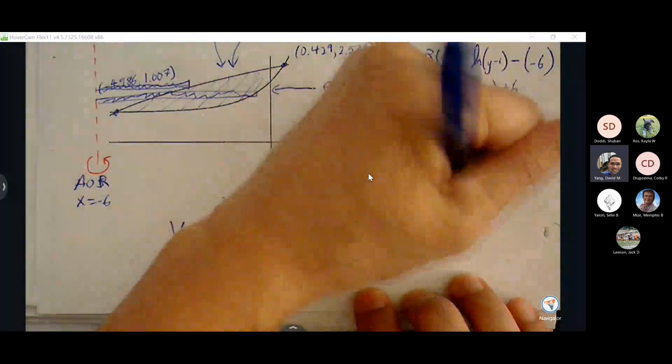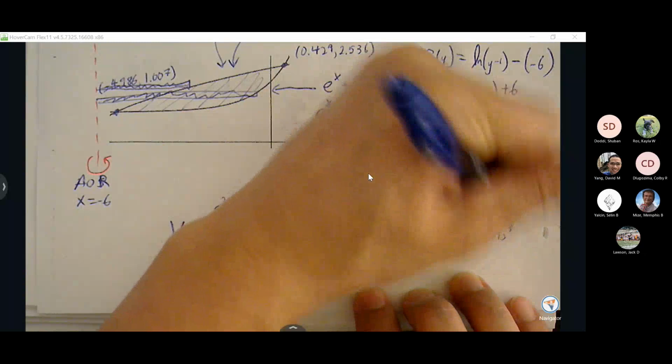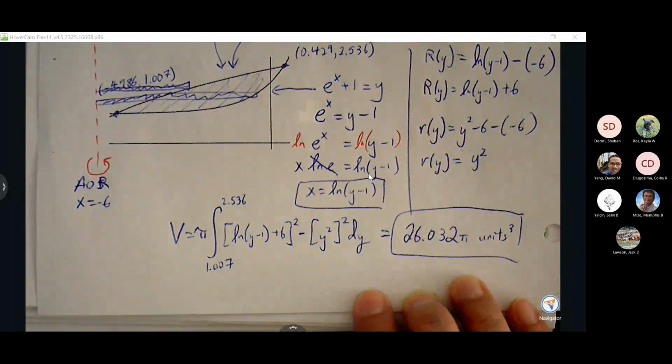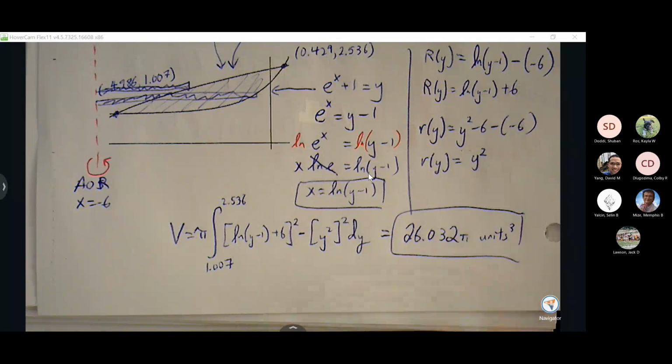And then attach pi at the end, units cubed.